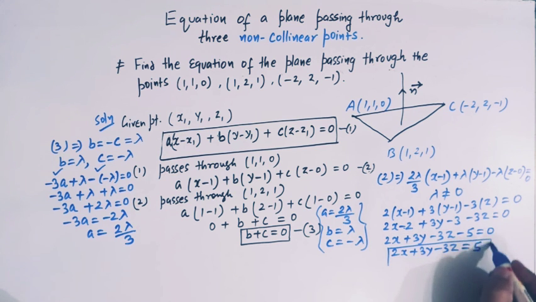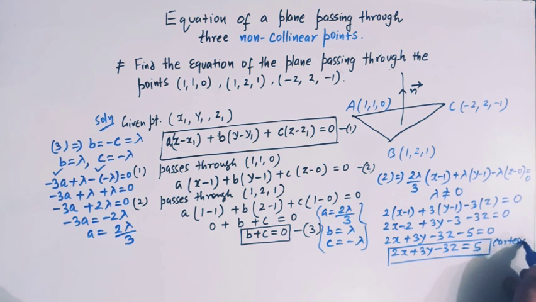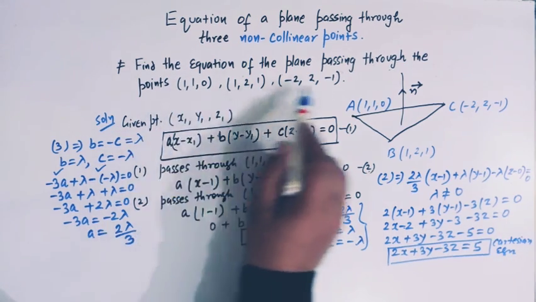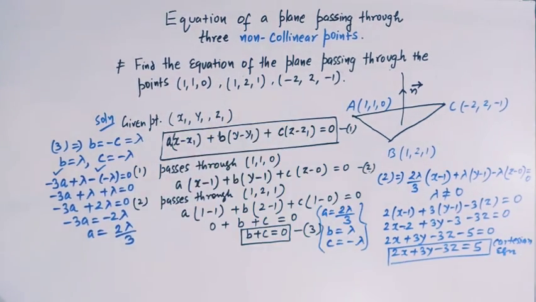So viewers, this is the Cartesian equation of the plane which passes through these three non-collinear points.